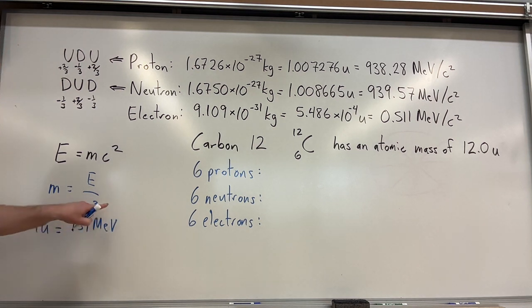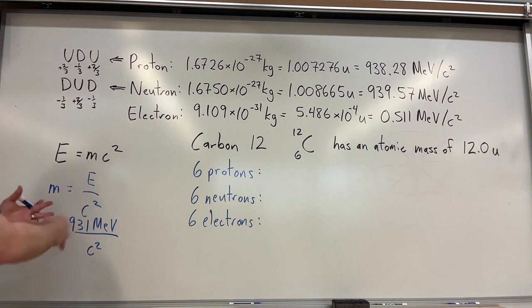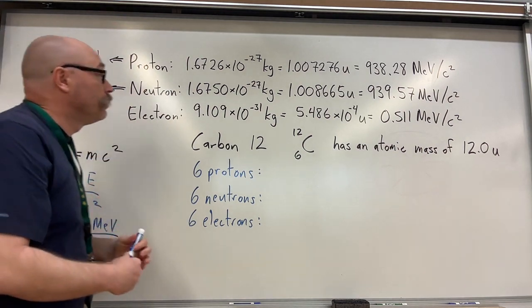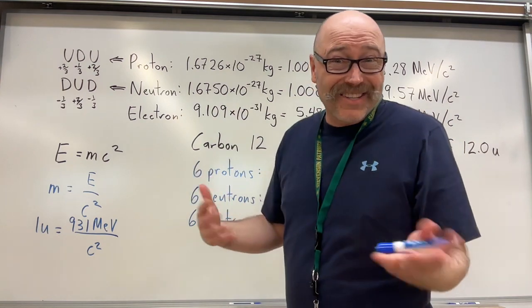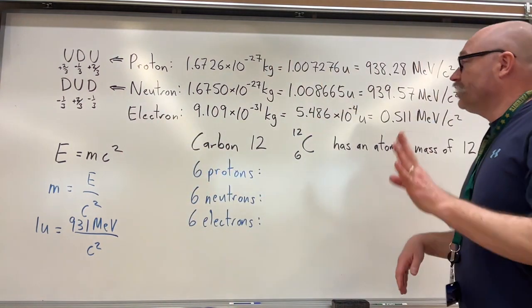Remember, mega is 10 to the 6, so 10 to the 6 electron volts. Remember, electron volts are just a different unit of energy, over the speed of light squared. So that's where it comes from. Mass is just another form of energy. Hopefully that makes sense. That's really what Einstein's famous equation is saying.